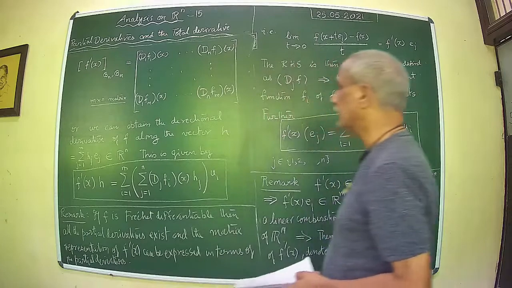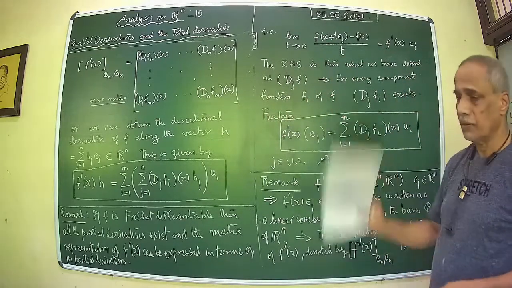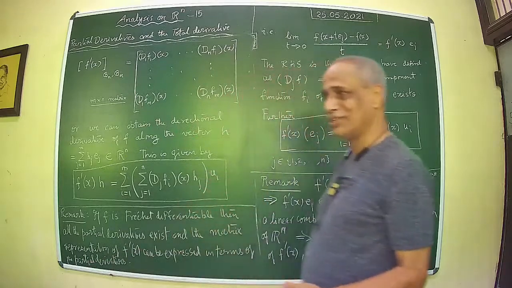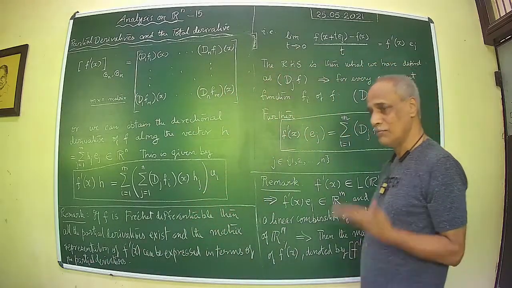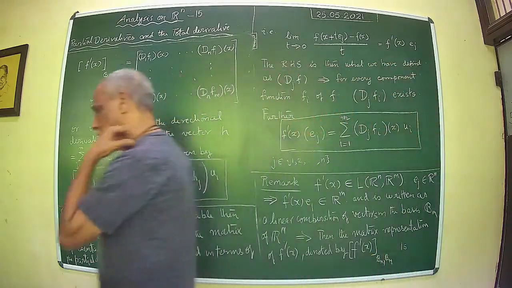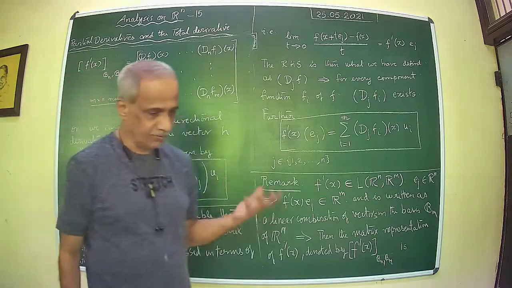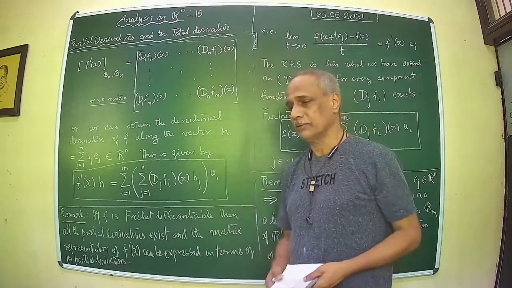The entries in the matrix representation come from the partial derivatives. But the converse is not true. The existence of partial derivatives does not assure you that the function is differentiable, as we have seen from the examples.